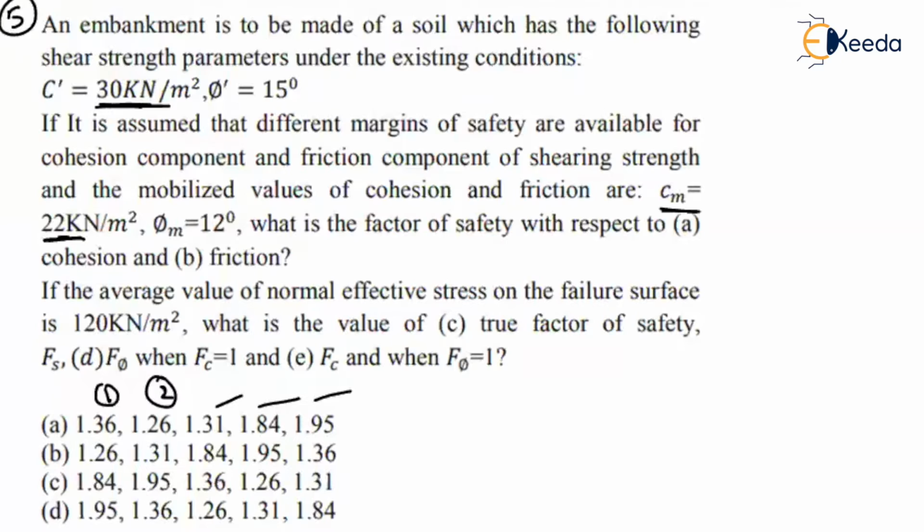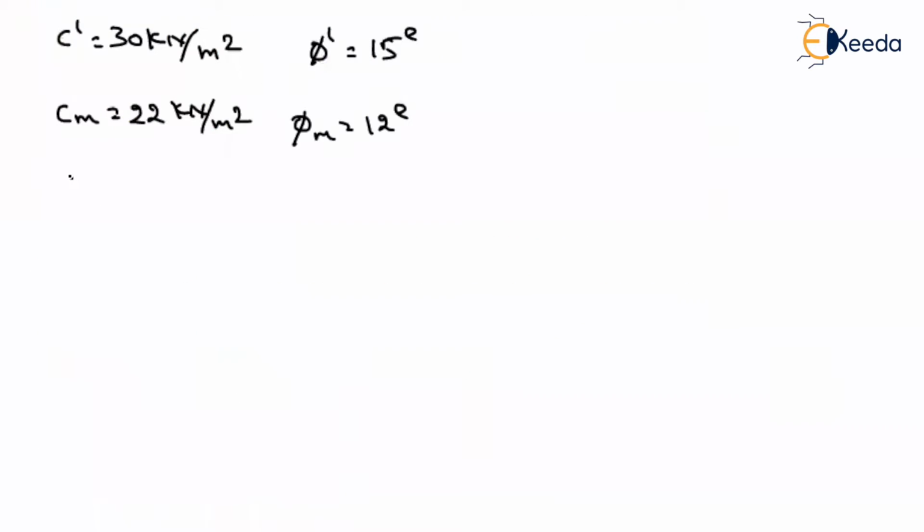So what are they asking in the first part? The factor of safety with respect to cohesion and the factor of safety with respect to friction. What is the factor of safety with respect to cohesion? That is equal to the strength of the soil divided by the mobilized value, which is 30 divided by 22. If you solve this, you will get around 1.36.